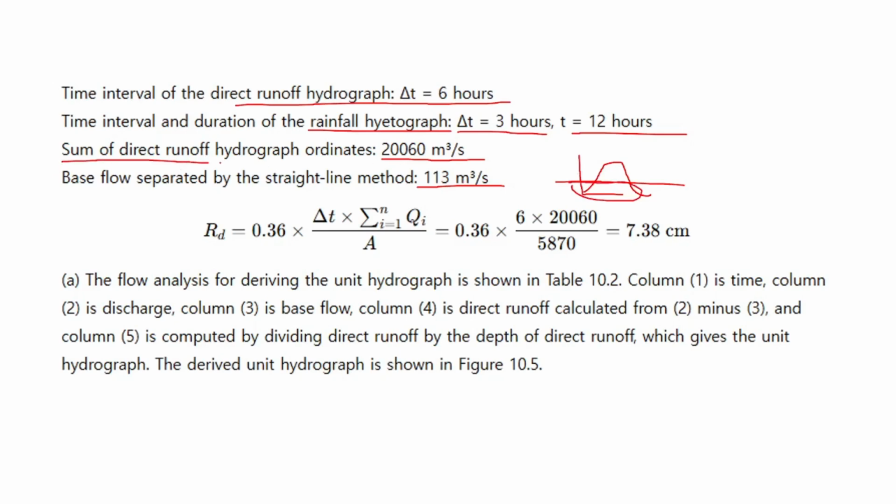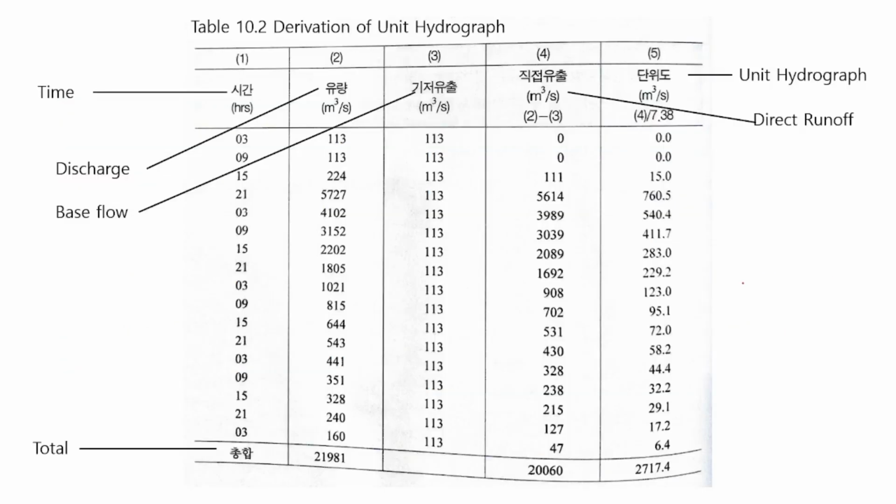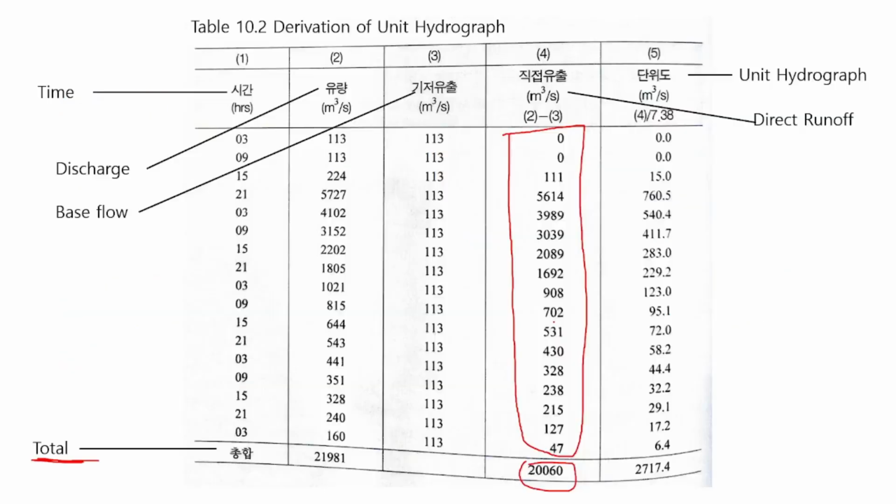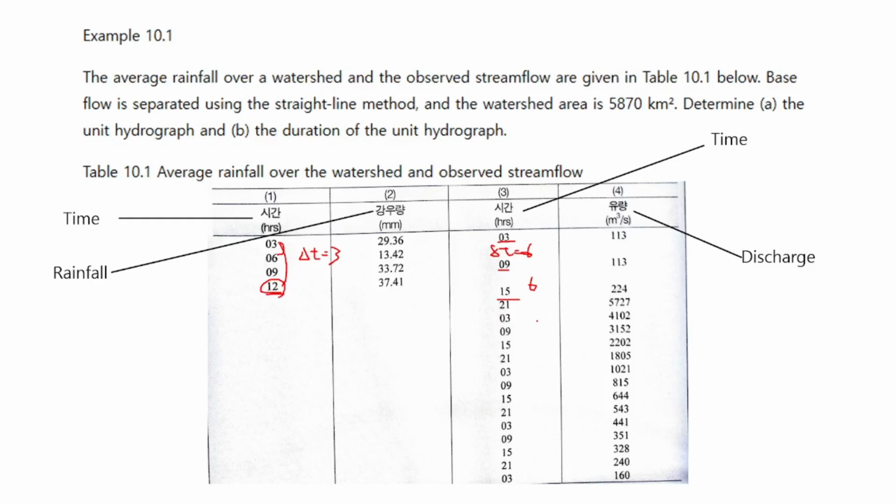And the sum of direct runoff hydrograph ordinates is basically the summation of all of this. You see this total? It says total down here. So it's the total of the direct runoff.